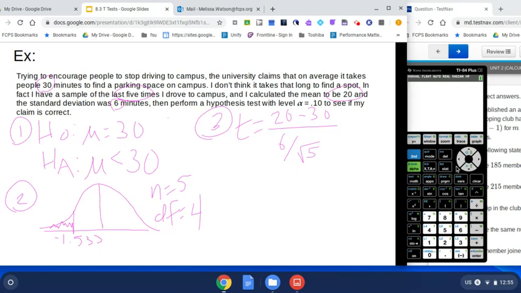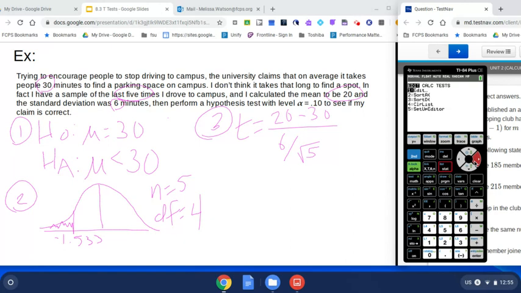Okay, I'm going over here to my calculator. I am going to select the t-test, which is option 2, and I'm going to go ahead and enter that information. So the mean is 30, the H0. The sample mean was 20. The standard deviation was 6. The sample size is 5.